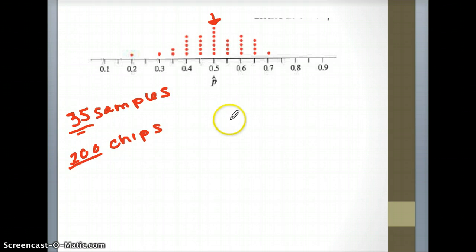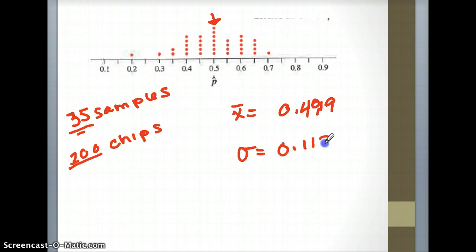The mean of our sample here would be 0.4, it was 0.499, so pretty close to our peak. Our spread, or our standard deviation, was 0.112.